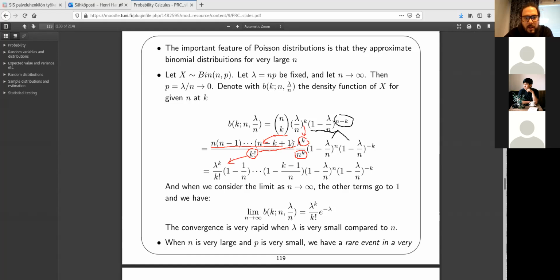And then this product we just rewrite as that, when we are dividing it by n to the power of k.